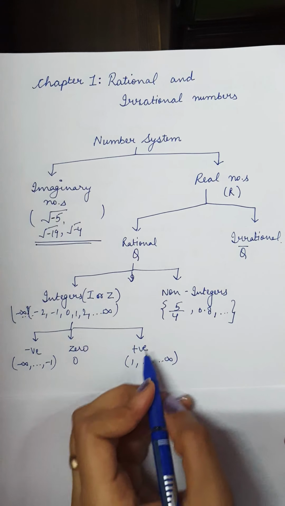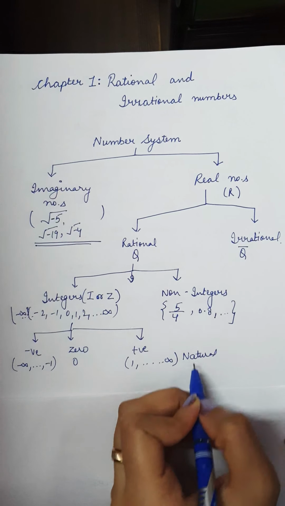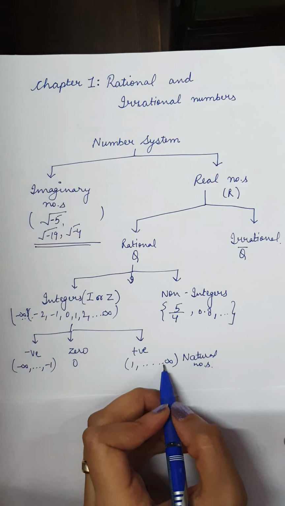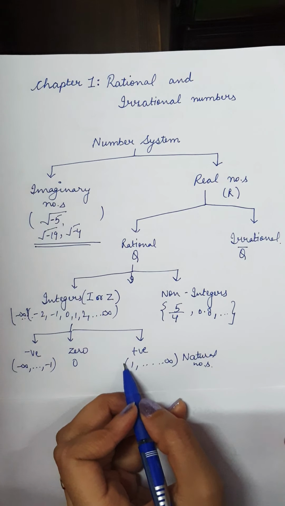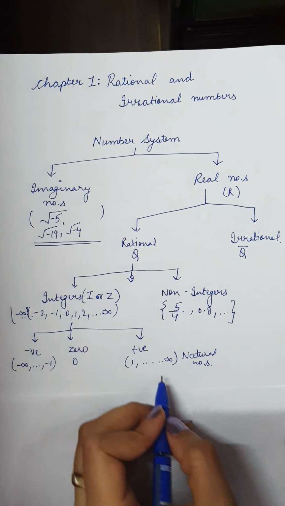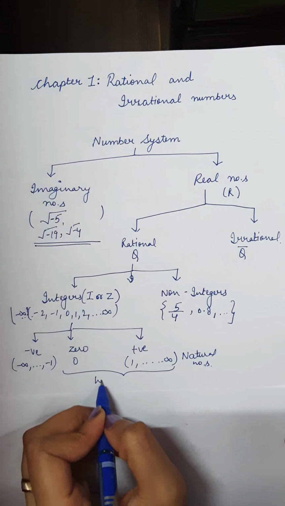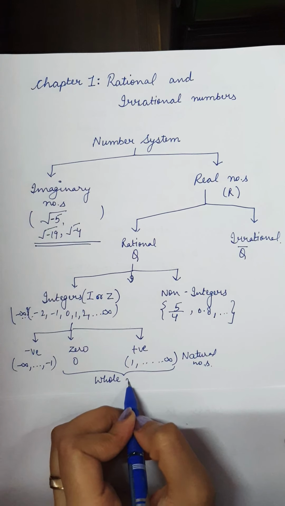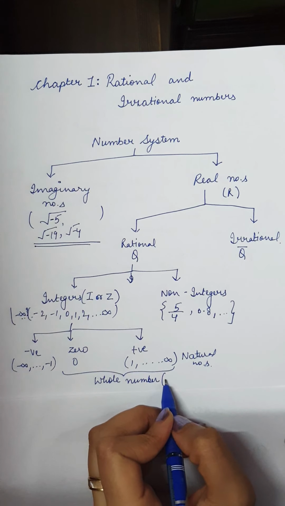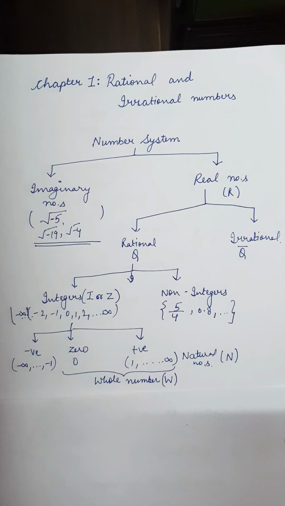Also, positive integers are natural numbers. As you can say, natural numbers are starting from 1 to infinity. And if I say 0, 1, 2, 3, 4 till infinity, they will be whole numbers. So in other words, I can say 0 and positive integers together will form whole numbers. Now here symbol of whole number is W, and for natural number is capital N.